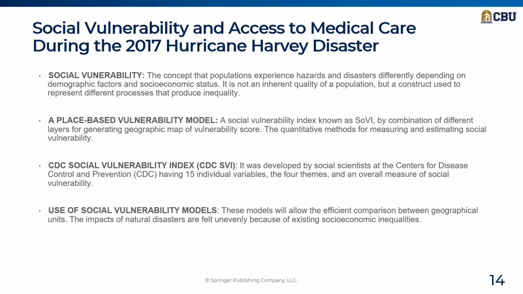These include socioeconomic status, household composition, minority status, and housing and transportation. That tool allows public health and emergency managers to compare communities, identify those most at risk, and allocate resources more effectively.